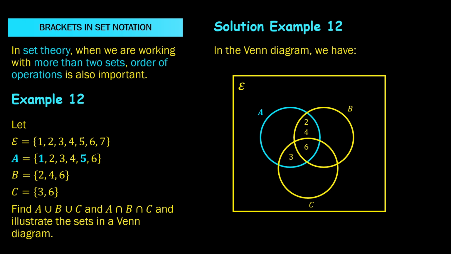So we need to add these to the set A, but ensure that they're not included in the regions representing B or C. So we place 1 here and 5 here. And now for the set B. It seems that all the set elements for set B have already been considered, 2, 4 and 6, and there's nothing left to consider. And similarly for set C.